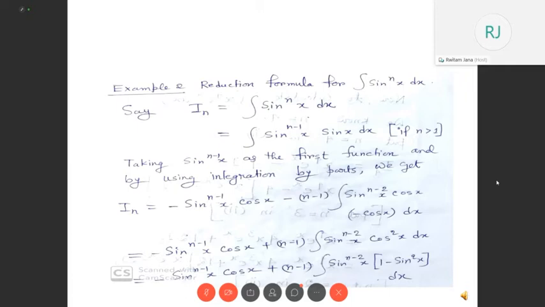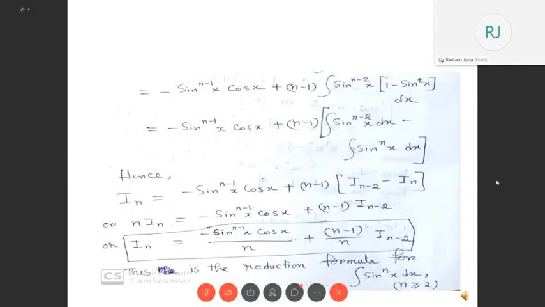Now you take sine to the power n minus 1 x as the first function and sine x as the second function. Now you use integration by parts. Then in the last step you will get I suffix n equals minus sine to the power n minus 1 x into cos x plus n minus 1 times the integral of sine to the power n minus 2 x, with the bracket 1 minus sine square x.